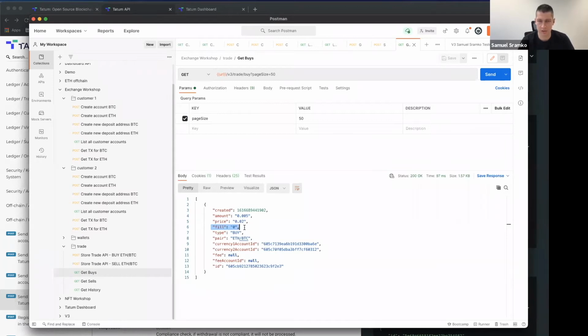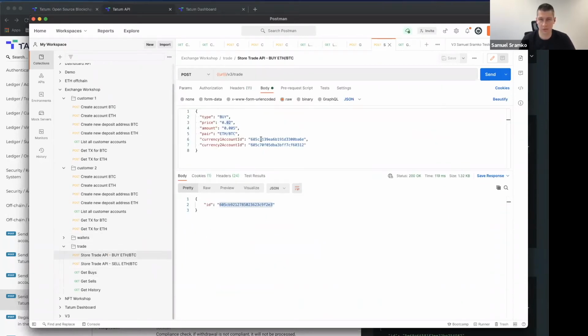So my trade is still there waiting for someone who will fill it. I performed this trade from customer one's accounts, from his Bitcoin account and from his Ethereum account. So this buy trade is from customer number one.